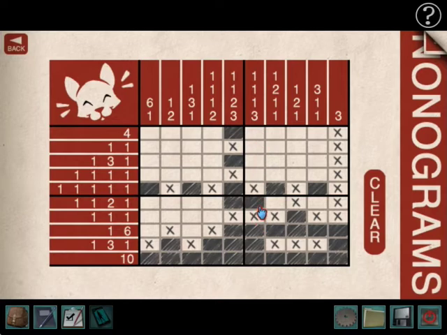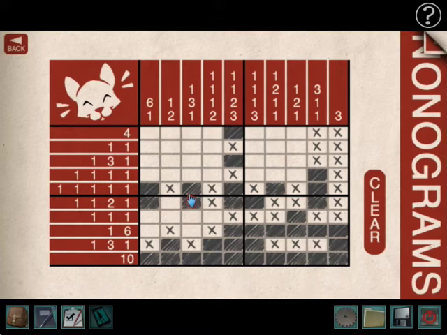One. Okay, one of those has to be that. Those are X'd out. Which means that that's there. These are all X'd out. And those are there. Okay.